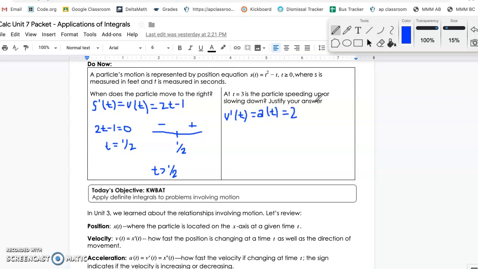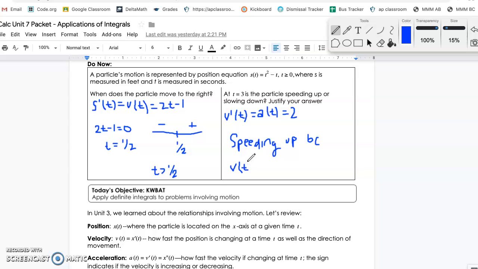And so when we justify this, we say the particle is speeding up, and we can say this because v of t and a of t are both positive, or greater than 0.